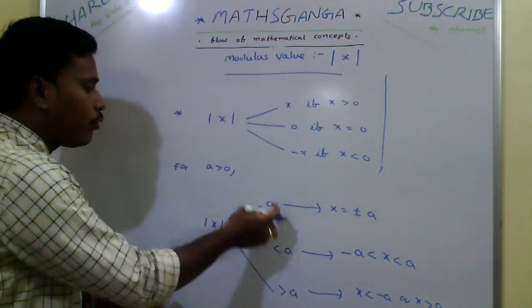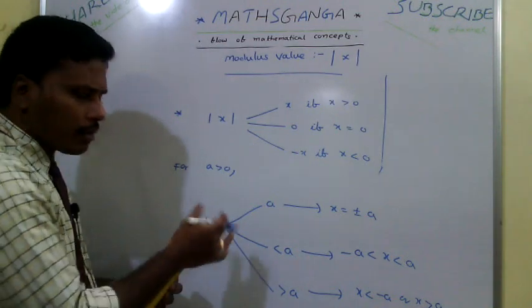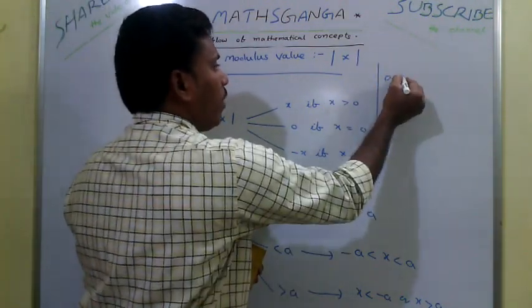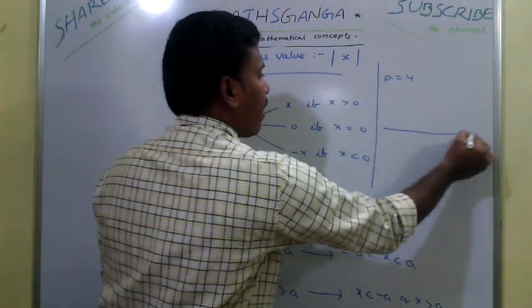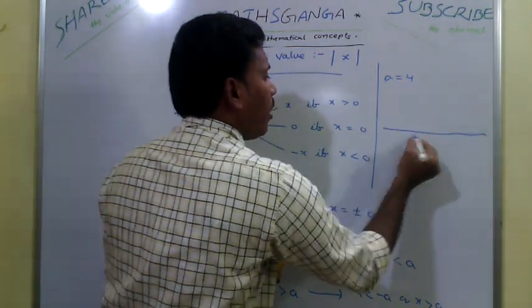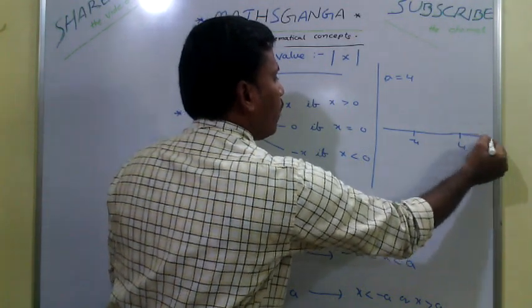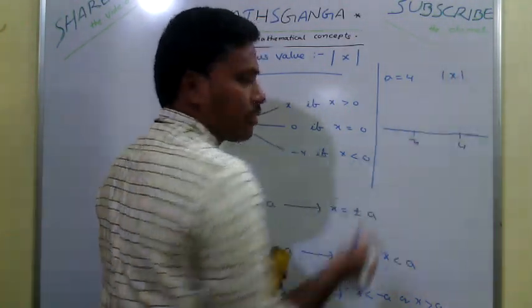For example, if you take a as 4, on the number line, you just locate minus 4 and 4. We are discussing mod x.